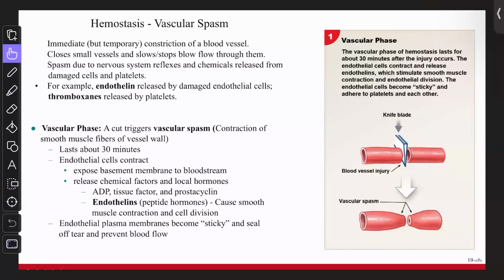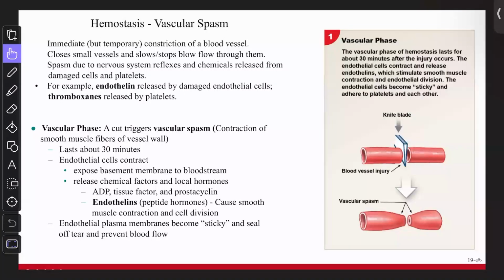Now, the vascular phase lasts about 30 minutes. So that vessel will stay contracted, reducing blood flow for about 30 minutes. This allows the body time to repair the damage, or at least to start repairing the damage, okay? There are going to be a couple of things that are going to happen.